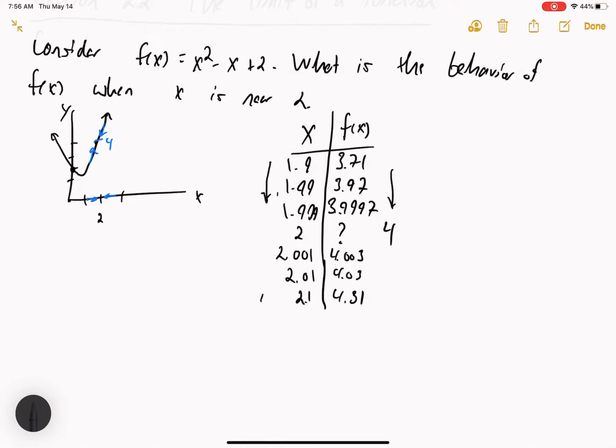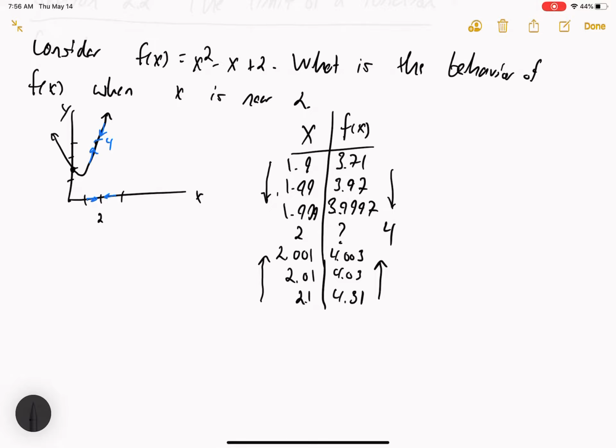And as x gets closer and closer to 2 from above, meaning numbers greater than 2, we get numbers that also go to 4. So this gives us the idea that the behavior of f of x when x is near 2 is that whenever x approaches 2, f of x approaches 4. And that's the main idea of limits.